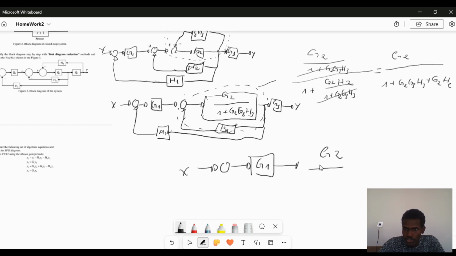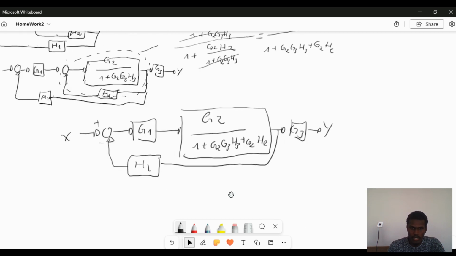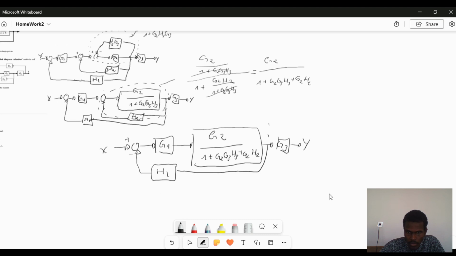We have found G2 divided by 1 plus G2 G3 H3 plus G2 H2. Here we have also G3 again, and here we have Y. So this is our H1 going here, minus.